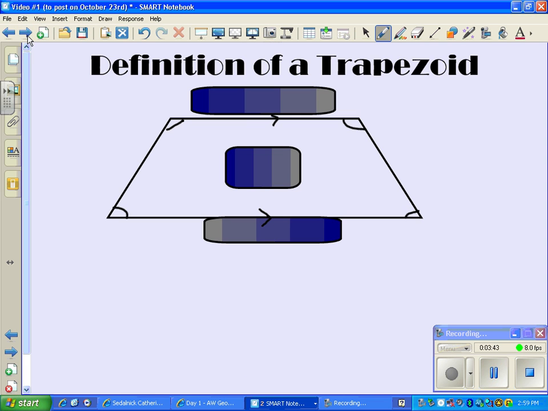Now as far as the definition of a trapezoid goes, you have one set of parallel lines. Now that does not mean that they're exactly the same length. So when you have the arrows that denote that they are parallel, again, if you look at this, hopefully you can see the top and the bottom are not equal. But we do call them the bases.